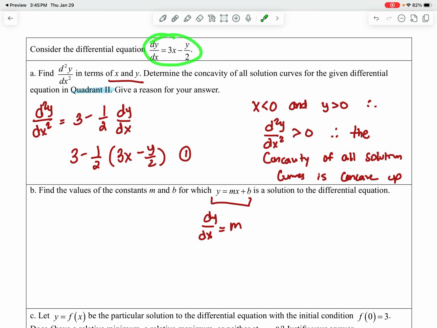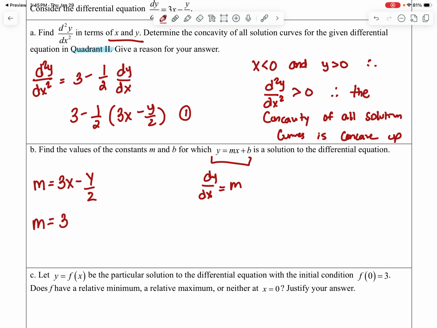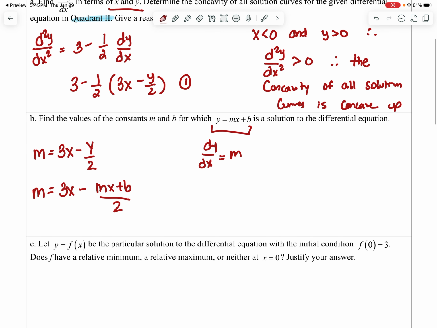But also remember that y is mx plus b. So now I have m is equal to 3x minus mx plus b all over 2. I'm going to simplify this a little bit.